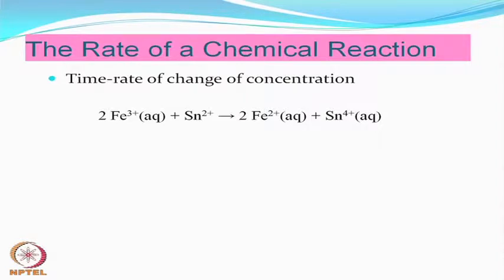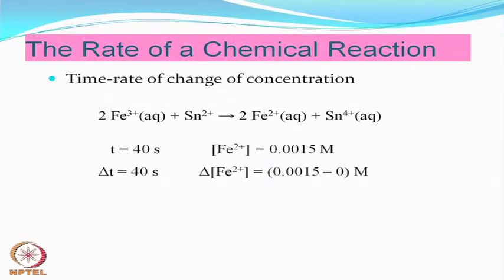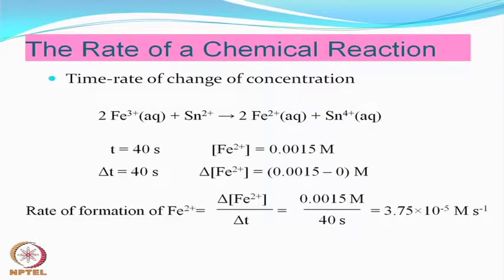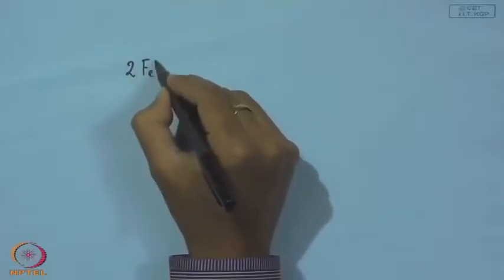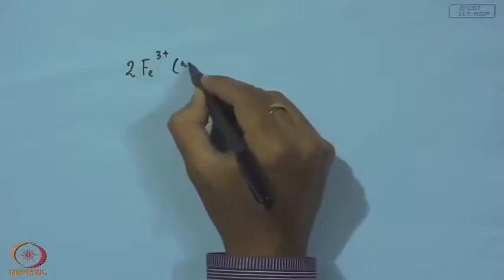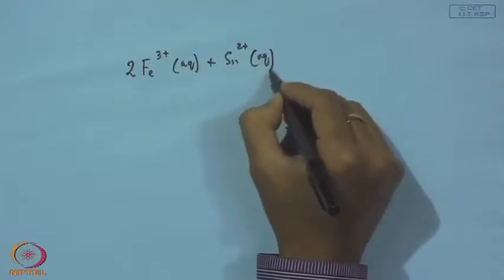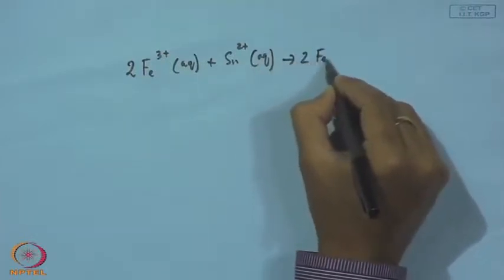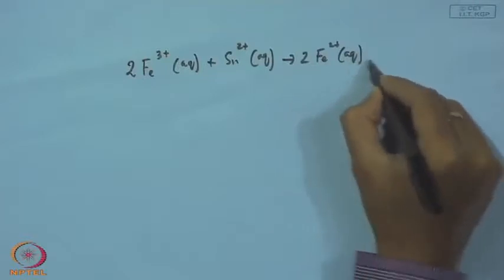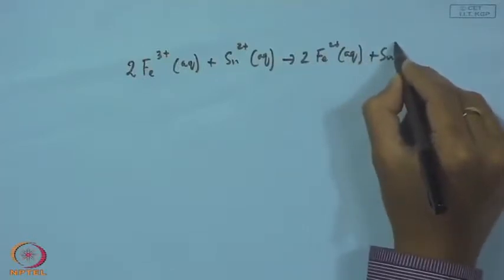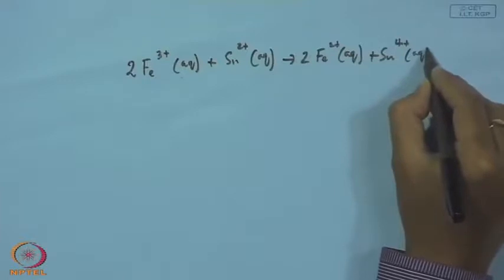Okay. So, now we will move on to certain examples, a simple example. Let us concentrate on a reaction of this kind, say 2 Fe3+ aqueous, that is aquated ion, plus Sn2+ aqueous, producing 2 Fe2+ aqueous plus Sn4+ aqueous.